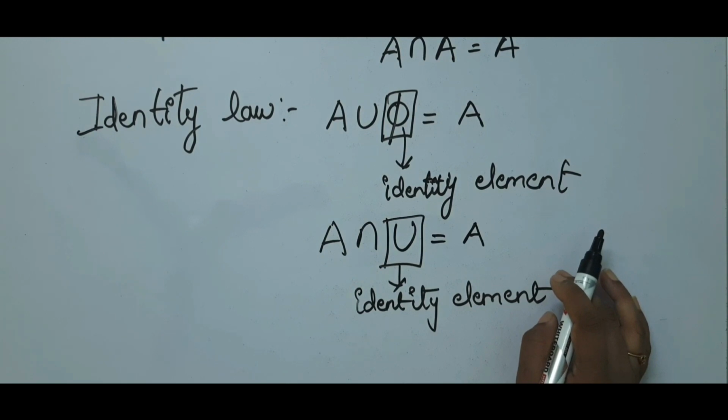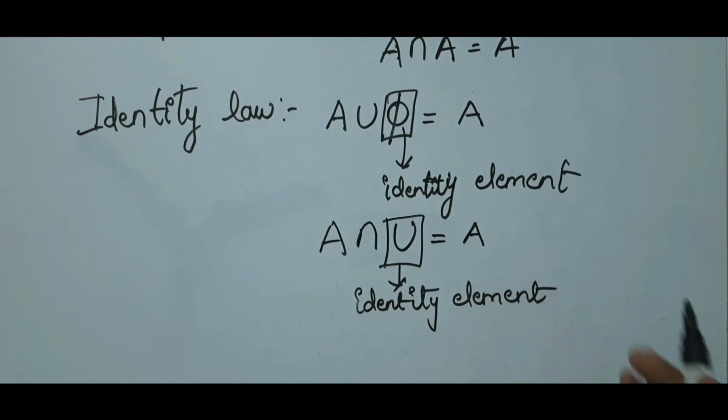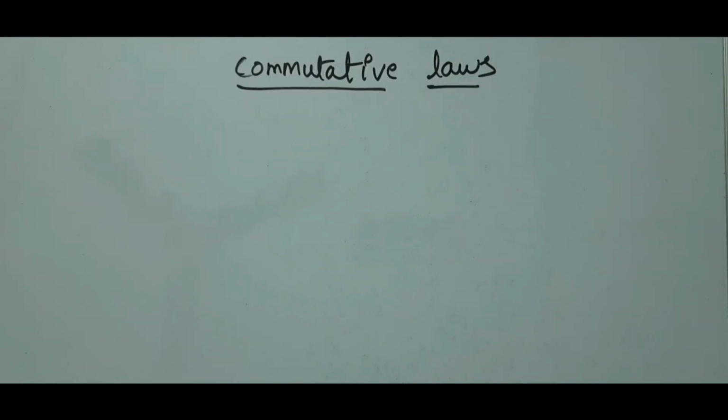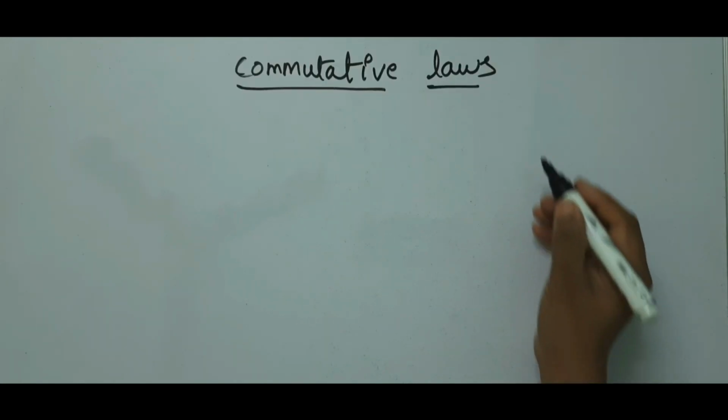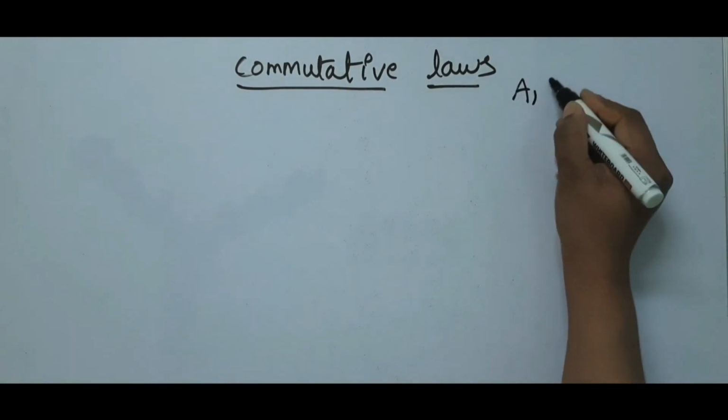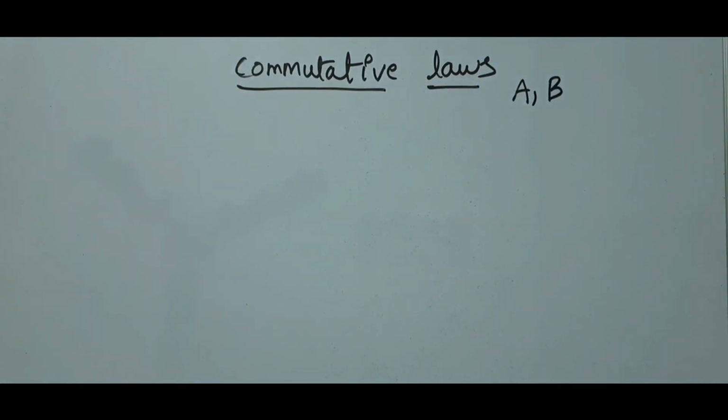for your exams. Okay. Now the remaining laws, that is commutative law, associative law, distributive law and De Morgan's law, let us study with proof. Commutative laws. Let A, B be two sets. Okay.